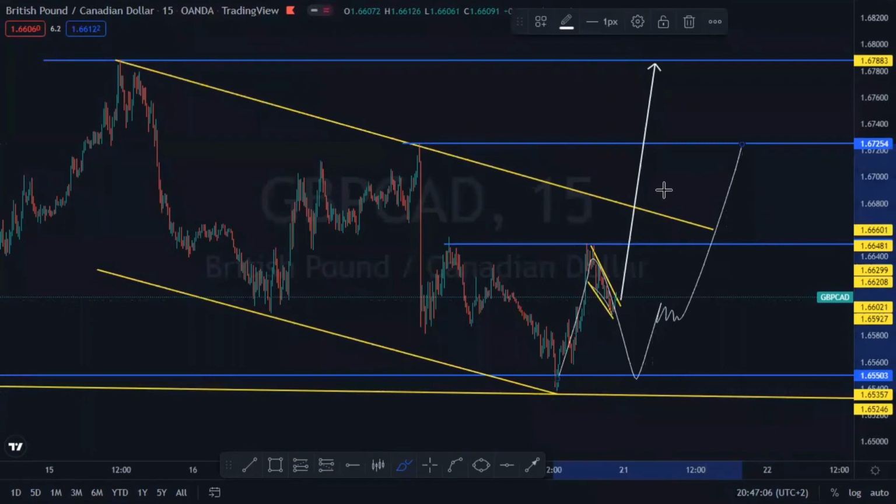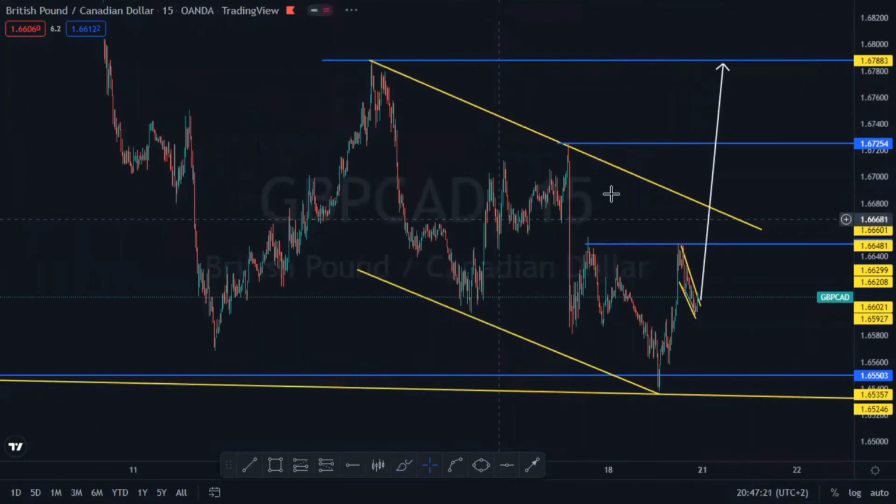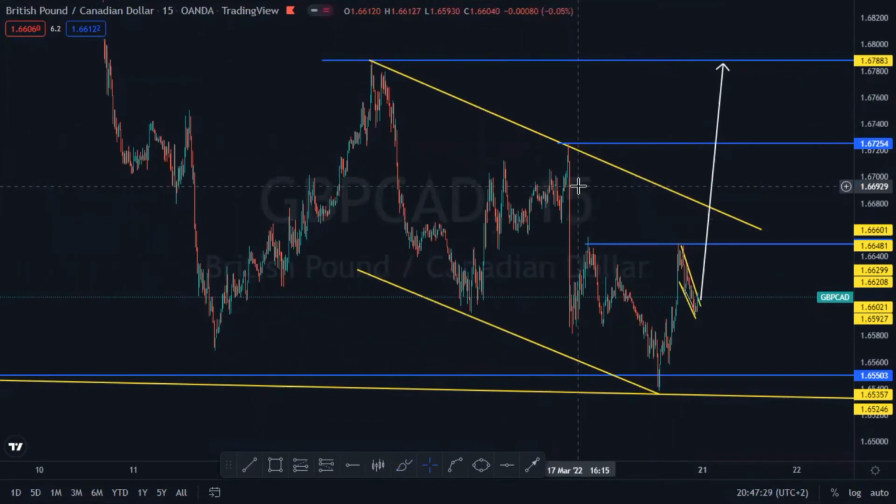The second could be this being a correction, which means the next thing is the impulse to the upside, right? So that is my anticipation on GBPCAD, guys.